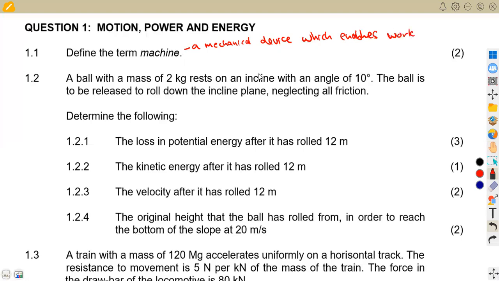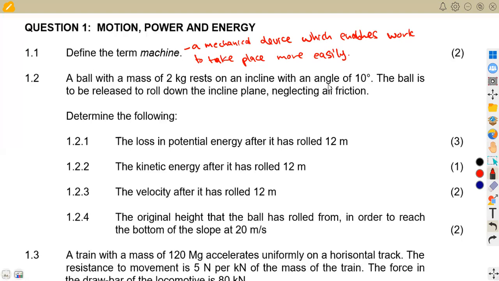We can even add that more effectively, or more easily. So a mechanical device which enables work to take place more easily. That's what we can give as a definition for a machine.